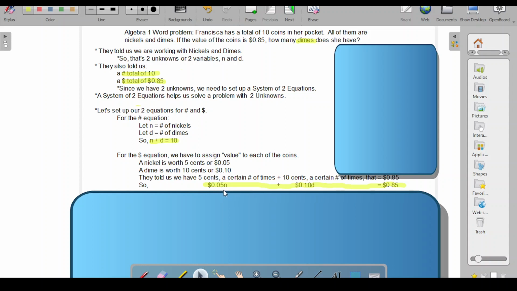So $0.05 times N plus $0.10 times D equals $0.85. So there's our two equations highlighted in yellow. We have a number equation, N plus D equals 10. That's 10 total. And we have a money equation: $0.05 times N plus $0.10 times D equals $0.85.